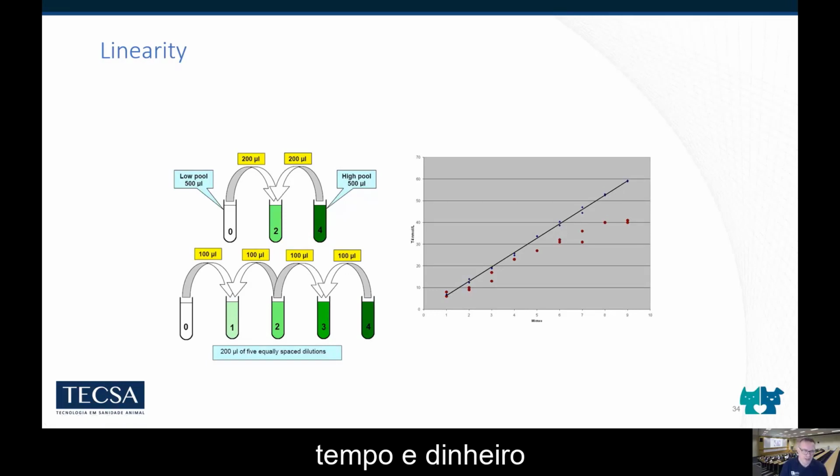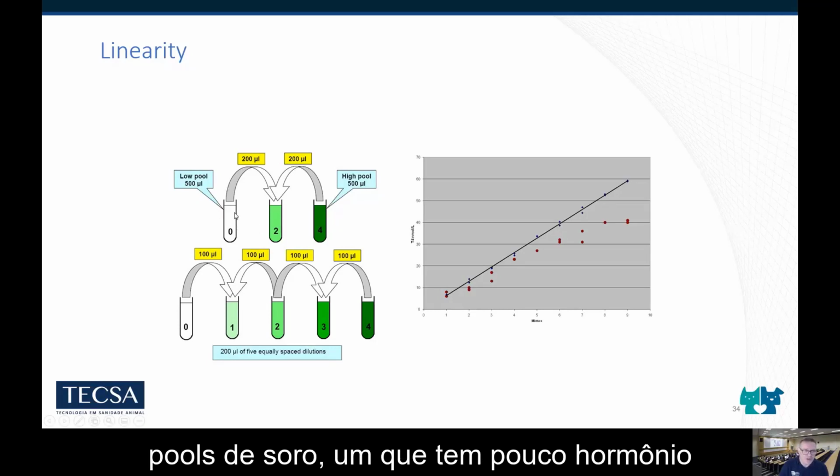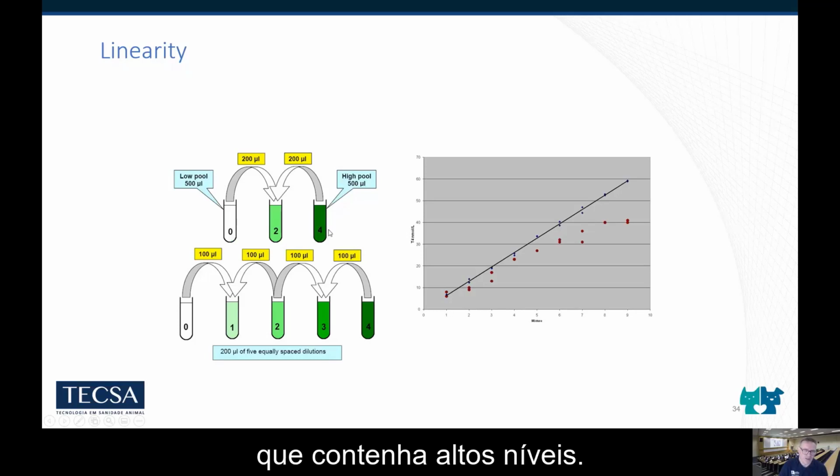So what I often do when I want to quickly look at a new method without spending a huge amount of money and running lots of replicates and sourcing lots of comparative serum samples is find 2 serum samples or 2 pools of serum, one that doesn't have very much of the hormone I'm interested in and one that's got a lot of it. So I have a high pool and a low pool.